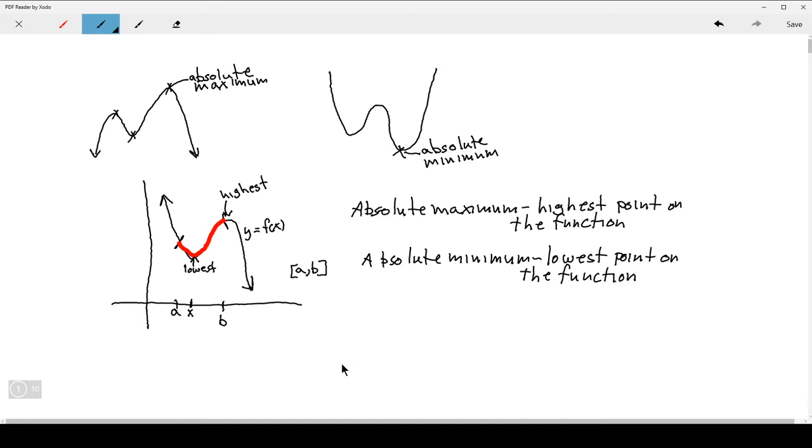All right, when we're looking for absolute maximum and absolute minimum, if we have a closed interval, then those are going to exist. So on a closed interval, absolute extreme points are guaranteed.